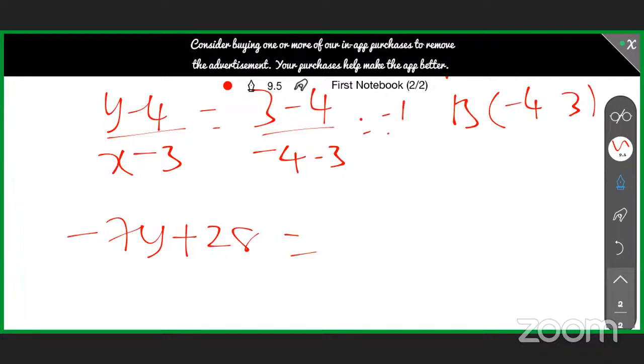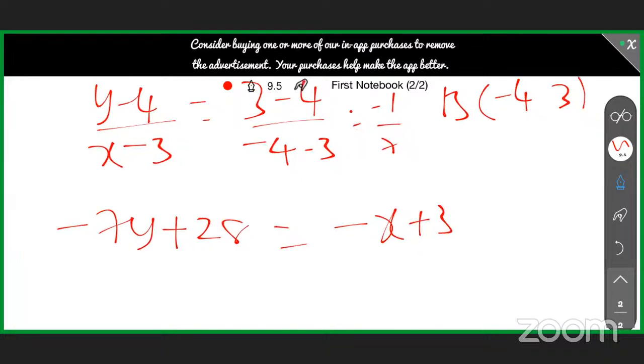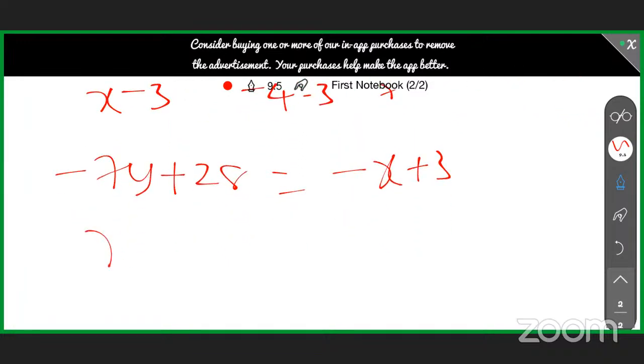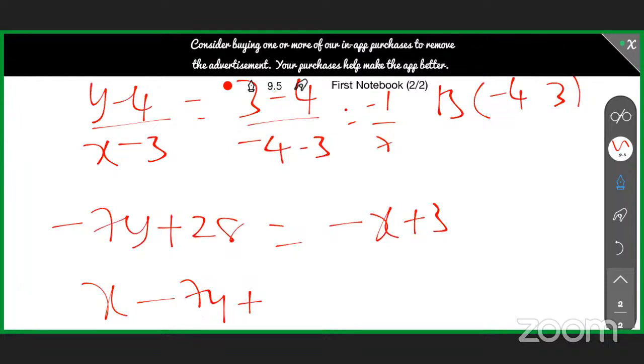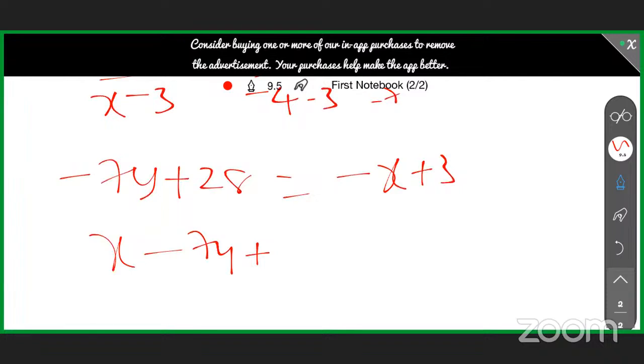This will be equal to minus 1 by 7, that will be equal to minus x plus 3. Take everything together now. Multiplying by minus 7: minus 7y plus 28 equals minus x plus 3, so x plus 7y minus 25 is equal to 0.